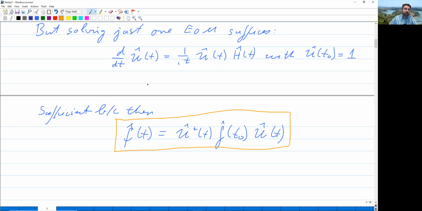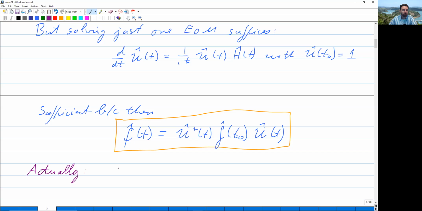It does get even better though, because actually you can simplify the problem even further. Solving this equation of motion here for the time evolution operator requires us to find a matrix-valued function of time U hat of t. And a matrix has a lot of entries. A vector has fewer entries, at least in finite dimensions it would have.